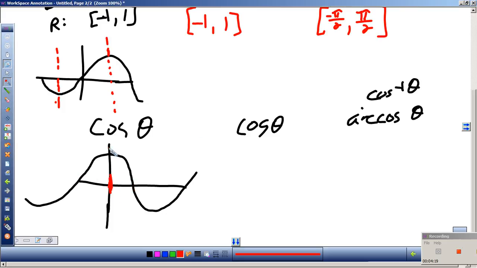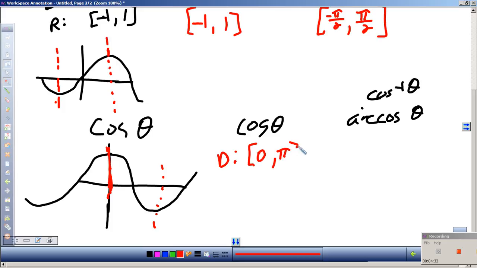Okay, 0, that's where it's at the highest point, to π, where it's at the lowest point. So if we did domain 0 to π, what's the range then? Okay, same as y, so -1 to 1.